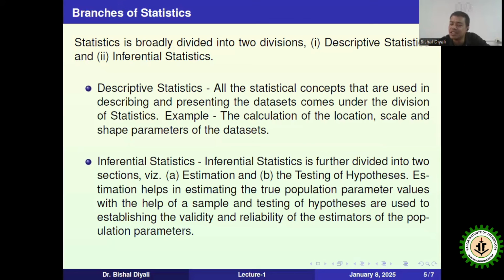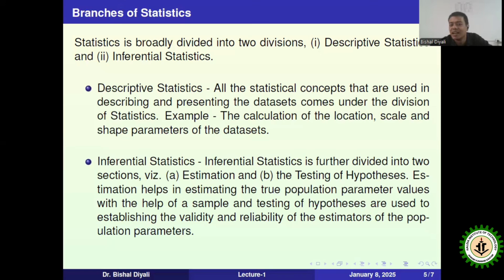So we study a sample and we estimate the parameter of interest from the population. After we do the estimation, we have to check whether those estimates are valid, whether those estimates are reliable. And that is done by using the testing of hypothesis.